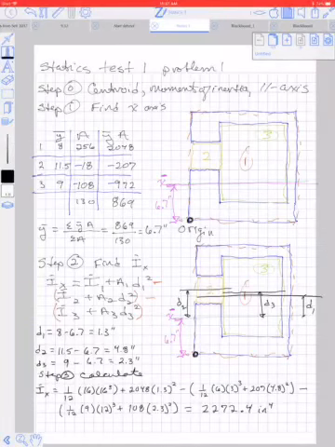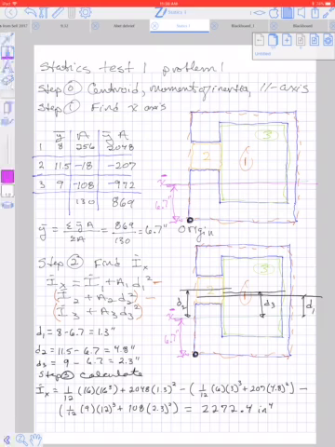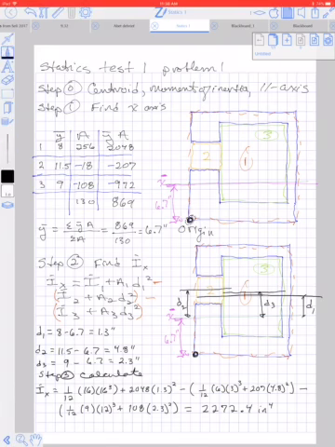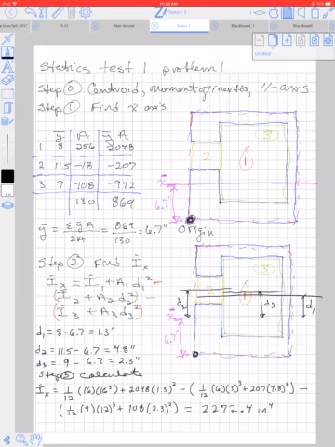We've got statics test 1, problem 1, and it's finding the I about the centroidal X-axis. If you think of choosing this point down here as the origin, then the centroidal X-axis is somewhere up and down here.